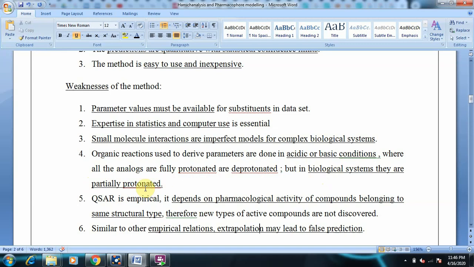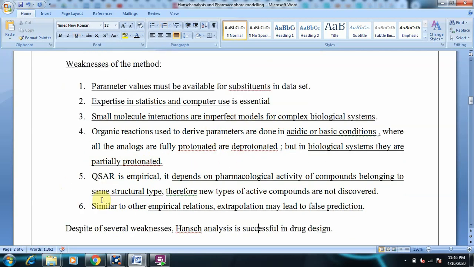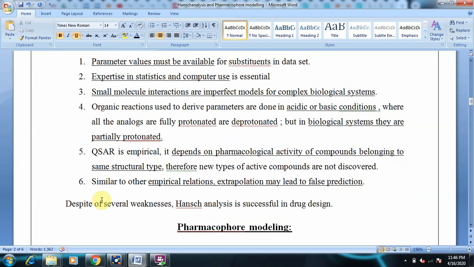In acidic conditions, the analogues or the ligands will get protonated, or in basic conditions they will become deprotonated. But coming to biological systems, they are partially protonated. So there is an error between the protonated form and the partially protonated form, and there is an error between the deprotonated form and the partially protonated form. So this is a weakness of the method.